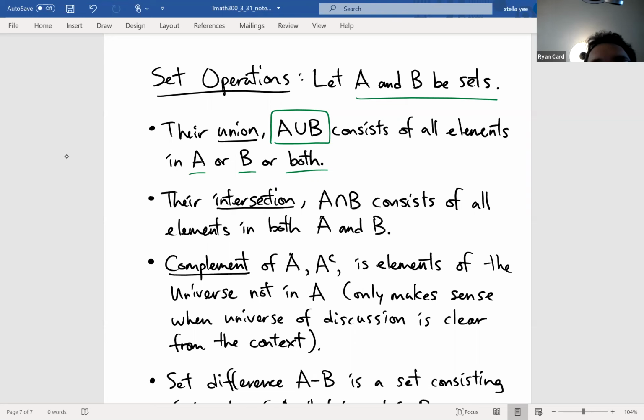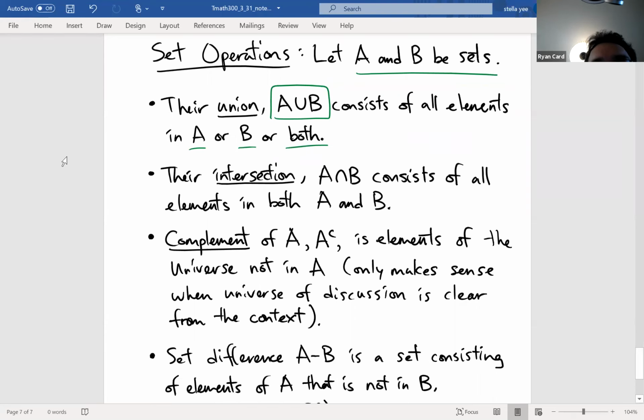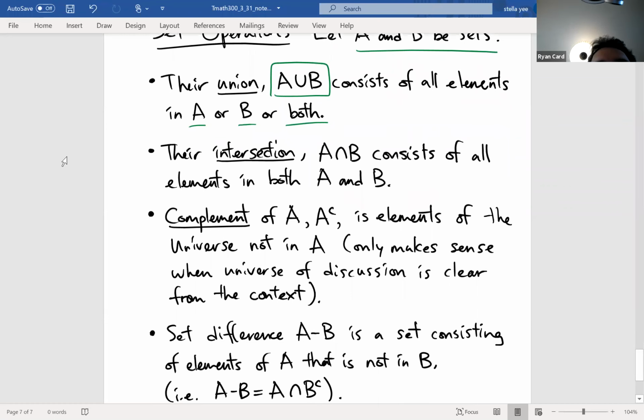So that's the union of two sets. You can make a bigger set this way. Another way to make a new set is called intersection. So if you use an upside down union symbol, A intersect B consists of all the elements that are in both A and B at the same time, right? So you create a smaller set by looking only at the double ups between A and B.